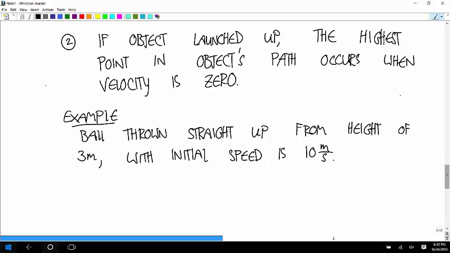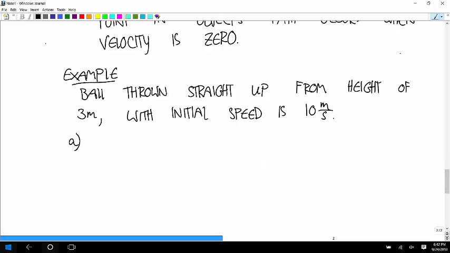And we want to figure out a few things about its motion. So the first one is, how high is the ball at its highest point?